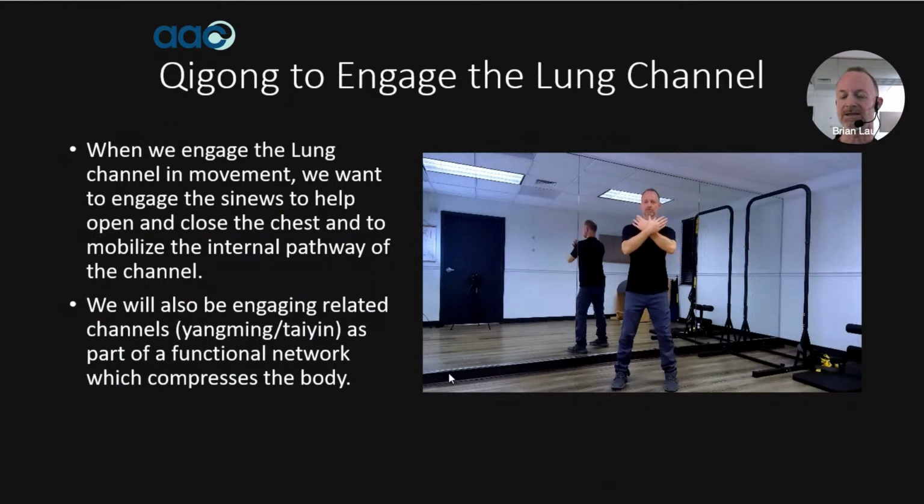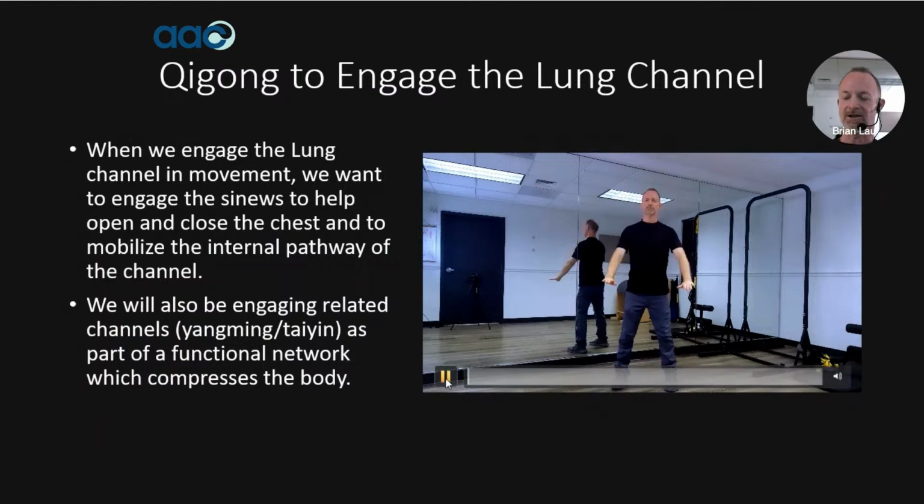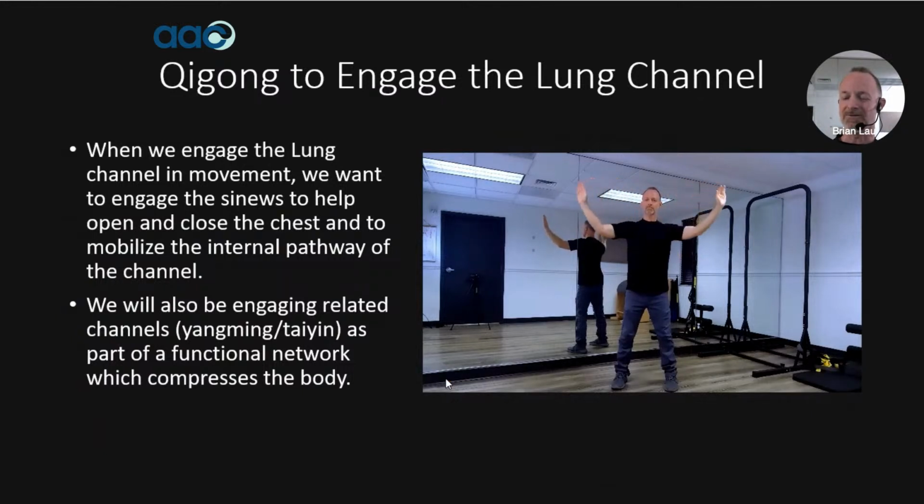So this will be really the Yangming and Tai Yin channels as a whole. That'll be the lung and spleen channels, the large intestine, and the stomach channels. But the primary focus for this one is the lung channel. So we'll come back and look at this video afterwards and highlight some features of it. But let's move on to the next slide.